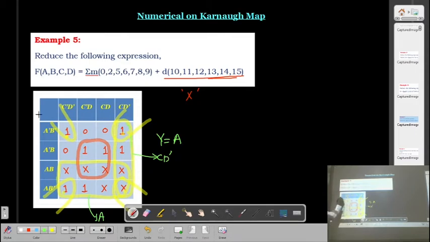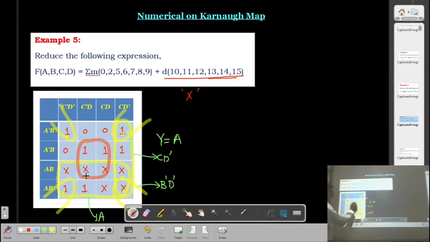What about the four corners? What is the expression for this? Here, in this corner, if you move here, then the B dash remains as it is, and the D dash remains as it is. So that square will be B dash, D dash.